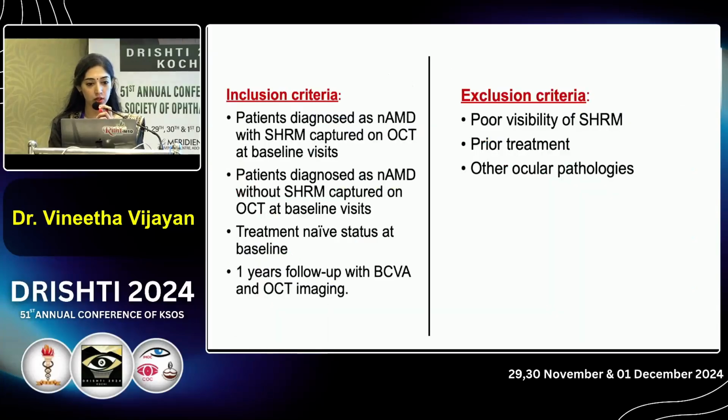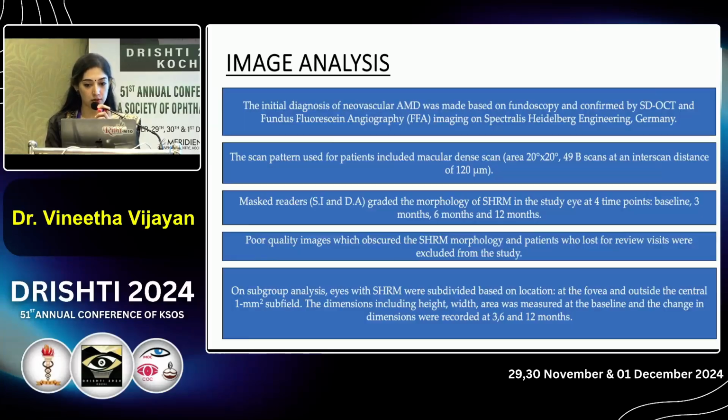The inclusion criteria were patients diagnosed as NAMD with SHRM captured on OCT at baseline visits, patients diagnosed as NAMD without SHRM captured on the OCT at baseline visits, treatment naive status at baseline, 1 year follow-up with BCVA and OCT imaging. The exclusion criteria being poor visibility of SHRM, prior treatment, and other ocular conditions.